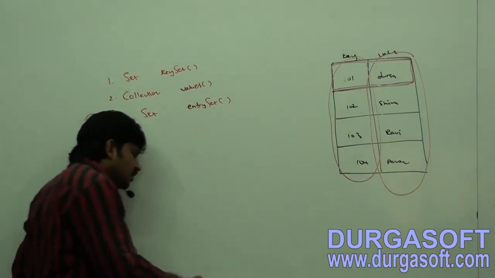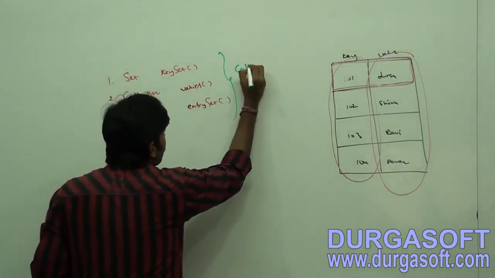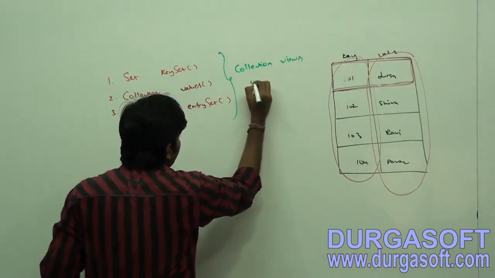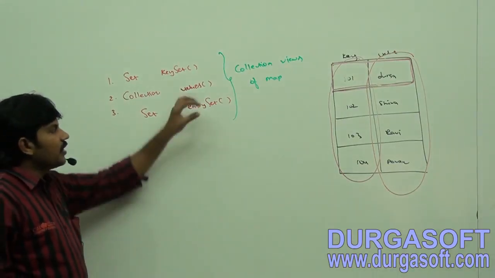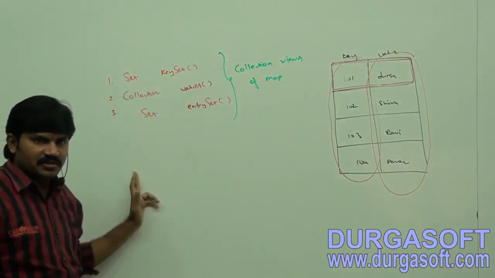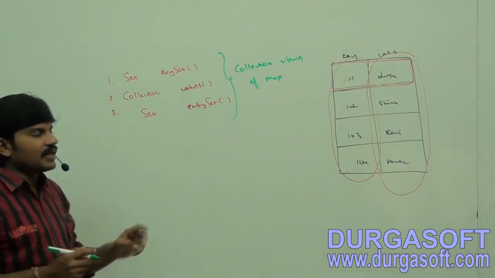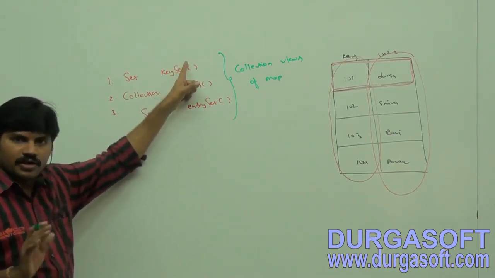That's why these three methods are considered collection views of the map. We are viewing the map in the form of collections: only keys, only values, or only entries.